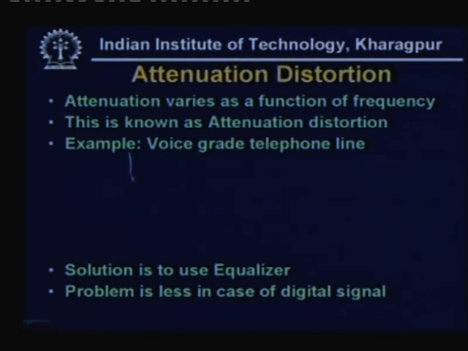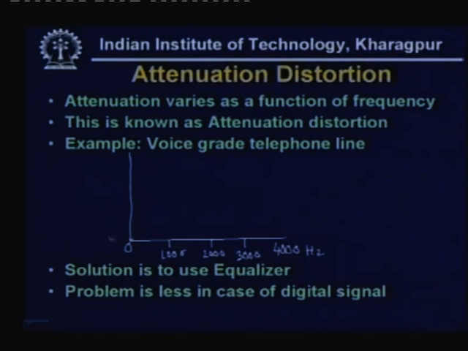Let me draw a diagram for a voice grade telephone line. Here a voice grade telephone line has bandwidth from 0 to maybe 4000 Hz. This is your 2000 Hz, this is your 1000 and this is your 3000.